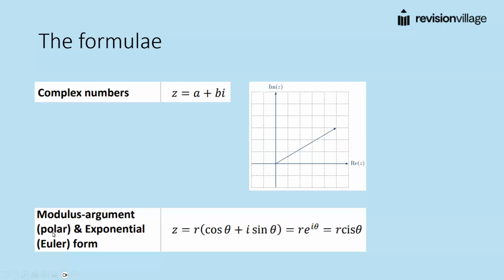Jim has just asked, when plotting the complex number, do you need to draw a line to the point or can you just label the point? That's a good question. I would always draw a line with an arrow to the point. It's not 100% necessary.